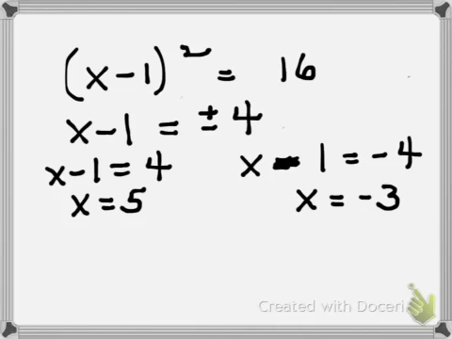And of course I check those in the original. 5 minus 1 squared is 16, and negative 3 minus 1 squared is also 16. So this problem worked well by square root, but not by expanding the left-hand side. It was already in a form that lent itself very well to square root.